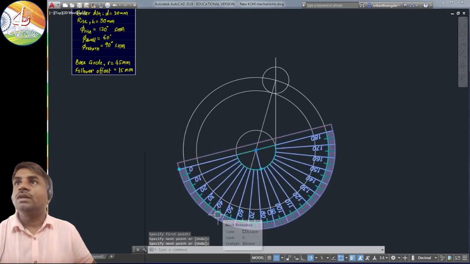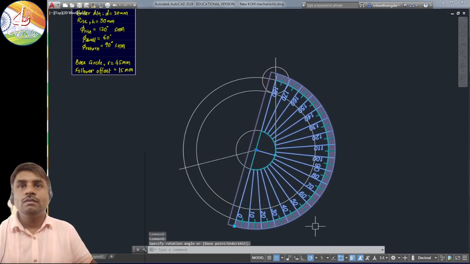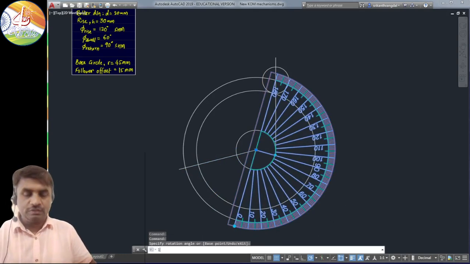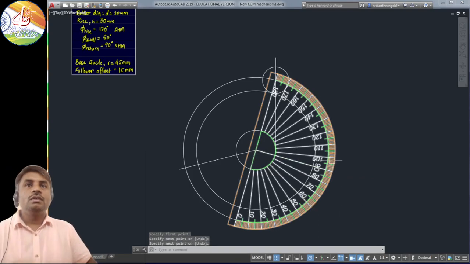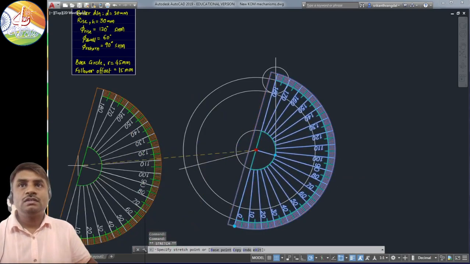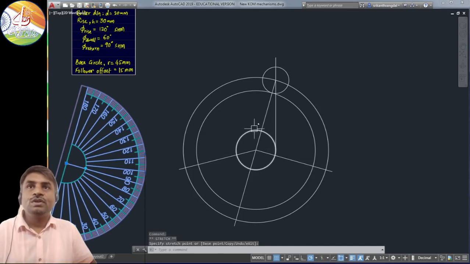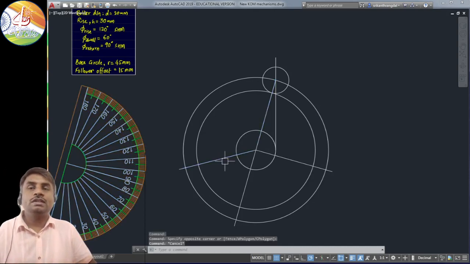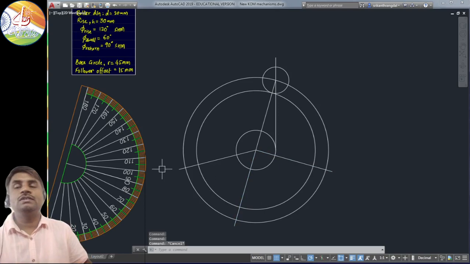From there we need another angle of 90 degrees. So let me take another 90 degrees from here, and whatever angle remains will continue to be the dwell period. Between these two lines it will rise, between these two lines it will remain at dwell, and between these two lines it will come back, it will return to its initial position.